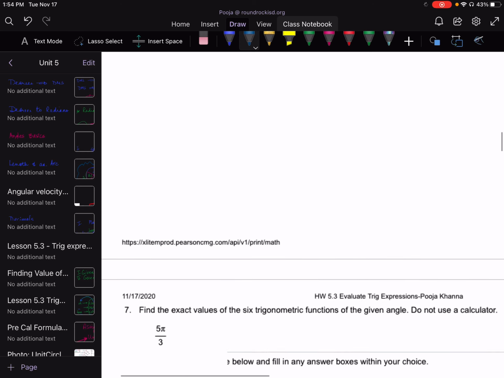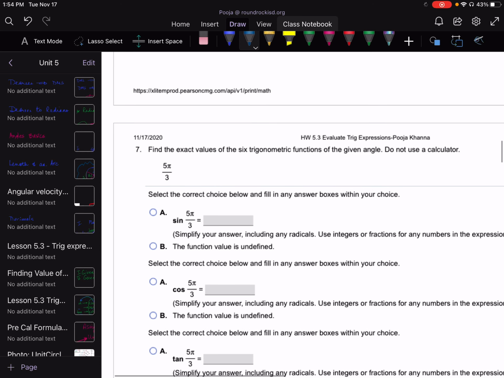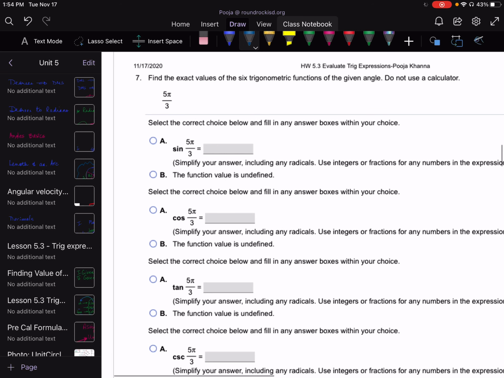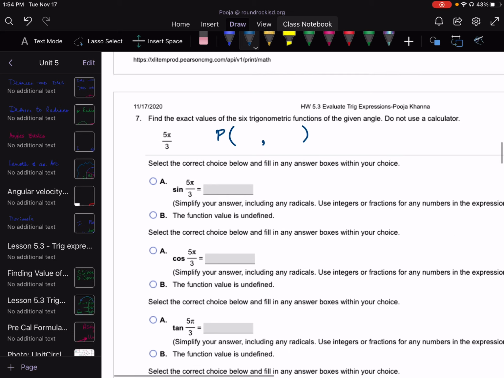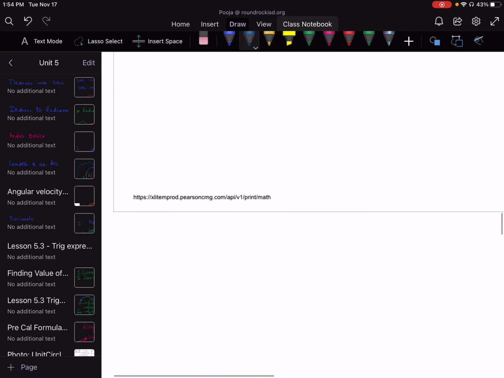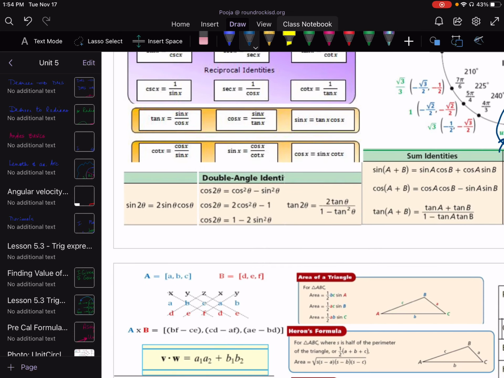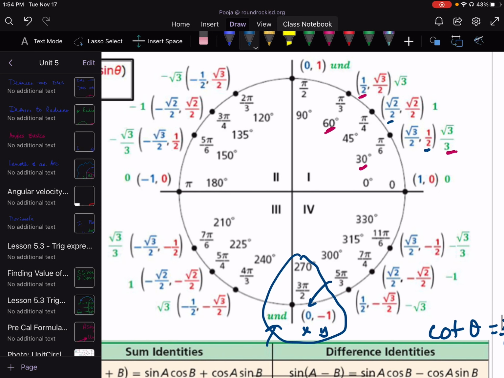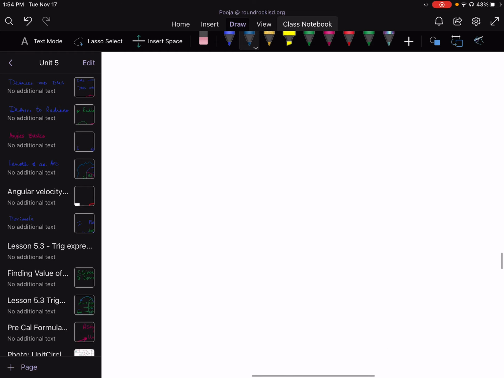Okay. And now, find the exact value of the 6 trig functions for the given angle. So I need to first get the point at 5 pi over 3. Once I get the point there, then I can set up all 6 of them. At 5 pi over 3, it's this one, so the point is half, negative root 3 over 2.